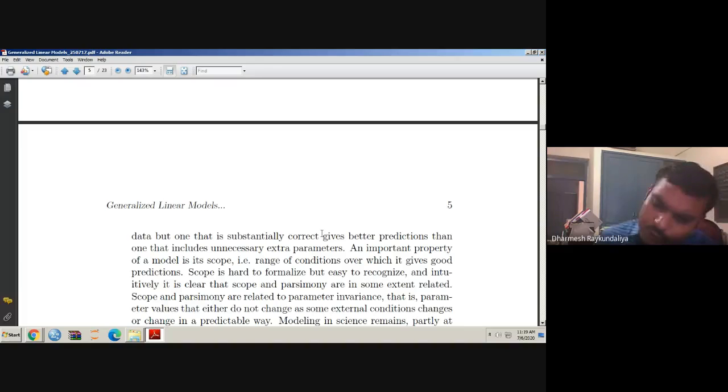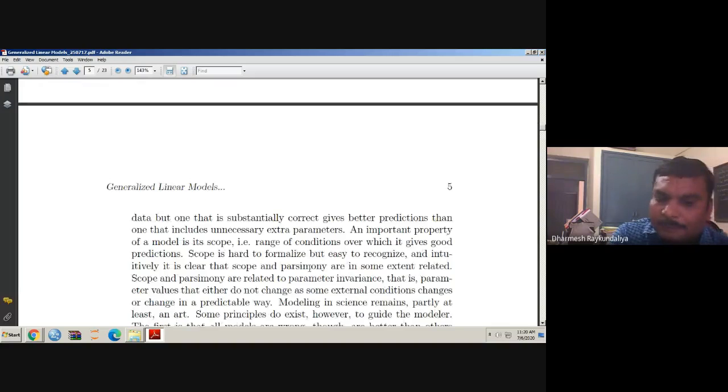Suppose you change the condition, then still it will help you get the estimate of the parameters and predict the response. And if you make the external condition change on a larger scale, then the predicted value also changes in a predictable way.